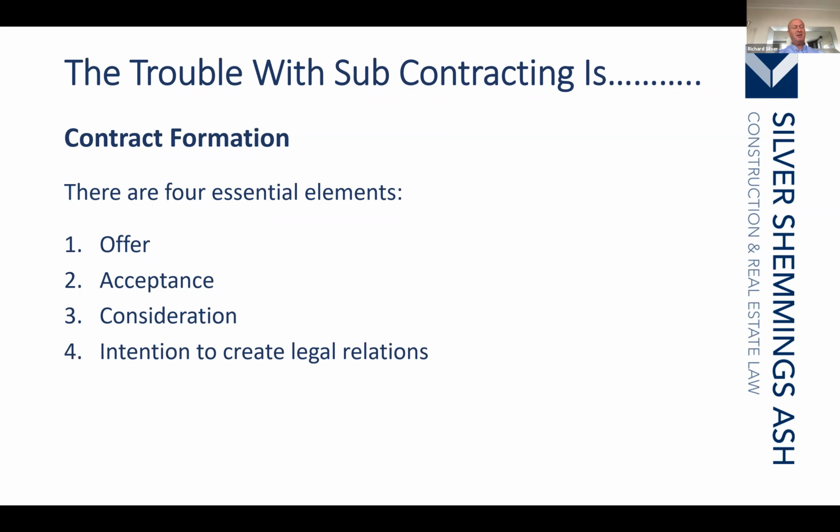So if you agree something with your wife or husband, that will generally be believed to be a social arrangement. You can't enforce it through the courts because you never intended it. But clearly, when the parties are not related, as in between contractors and subcontractors, it is almost automatically assumed that there is legal relations. What we're now going to do is deal with offer, acceptance, and consideration.